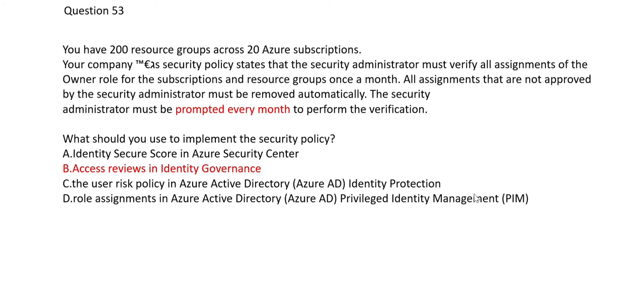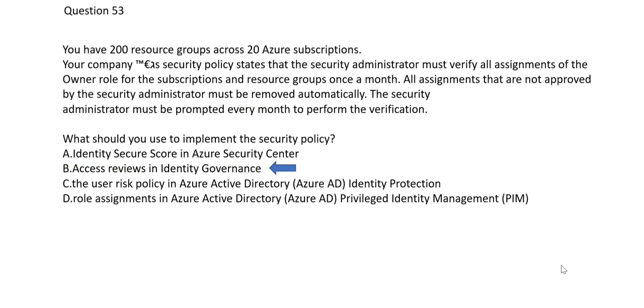When the verification is done by the administrators, before validation they need recommendations from the manager of that resource. So the manager gets an email, and on some system they have to approve it or revoke the access. Then when they mark it, the security administrator will revoke this access for these 50 employees who have resigned from the organization. So this is the right answer.